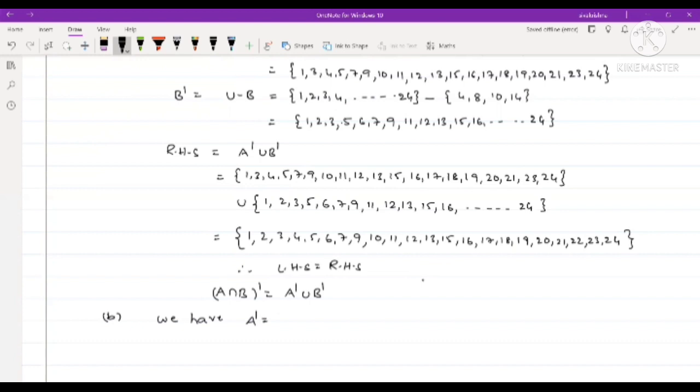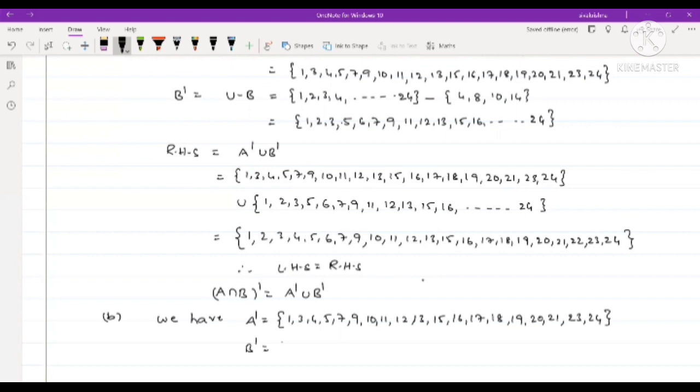A' is 1, 3, 4, 5, 7, 9, 10, 11, 12, 13, 15, 16, 17, 18, 19, 20, 21, 23, 24. So this is A'.